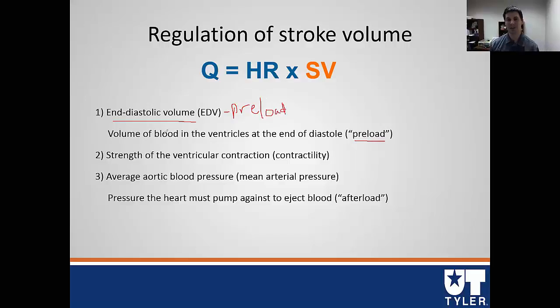This is the amount of blood in the heart right before systole, right before it's about to contract, and that will determine how much blood is going to be pumped out in stroke volume. The second is the strength of the ventricular contraction. If you want to think of this, you can think of it as the load. So you'll see textbooks will use preload.